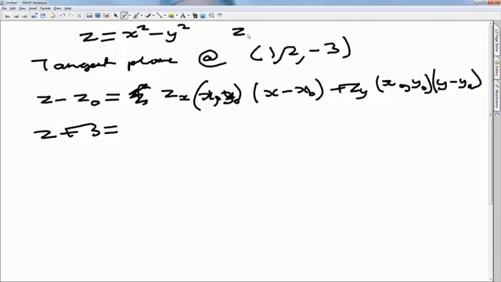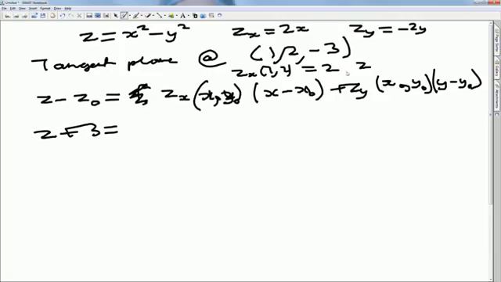So the x partial derivative is 2x. The z partial derivative with respect to y is minus 2y. So the z_x partial derivative at our point in question, 1, 2, I just plug in x equals 1, y equals 2, you're getting 2 times 1 gives you 2.